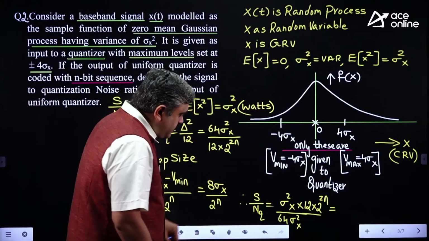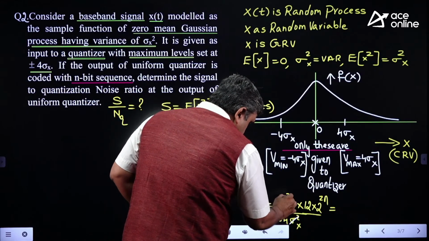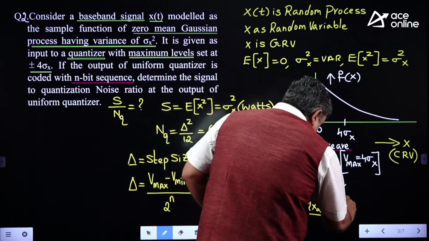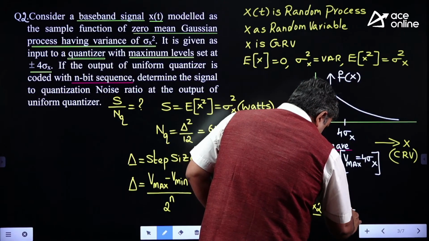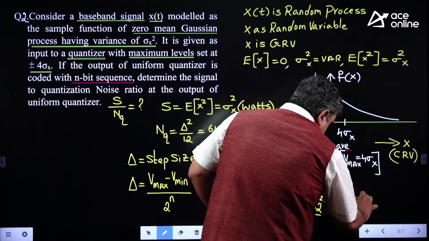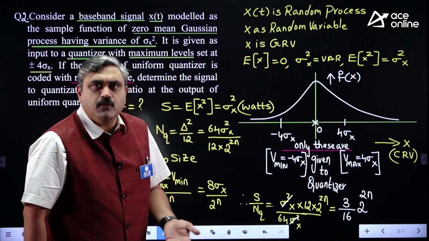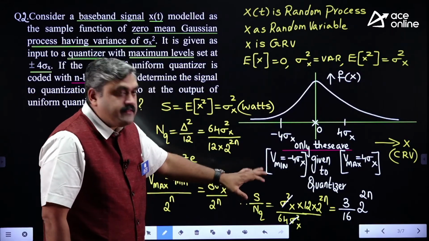So this sigma square x will get cancelled out, and you will have 4 table. If you take it, it will be 3 divided by 16 into 2 power 2n. Yeah, finish. That's it, over. Is it clear or not? So this is how you can get the answer.